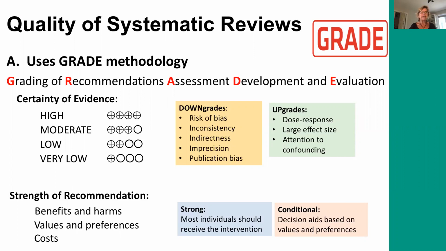Generally, randomized controlled trials will start as high quality evidence, but for the specific outcomes, that evidence can be downgraded by looking at a number of factors, including risk of bias and whether there's inconsistency and imprecision. Non-randomized studies would generally start as lower quality evidence, but could be upgraded if there was a dose response or a large effect size.